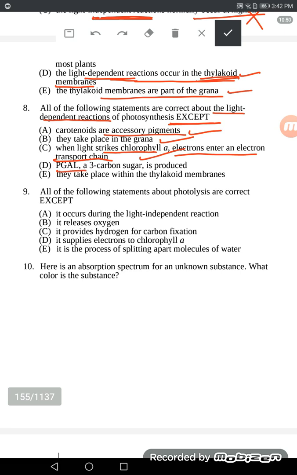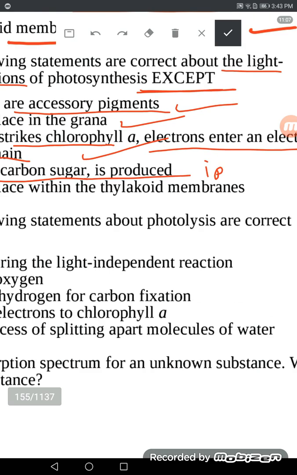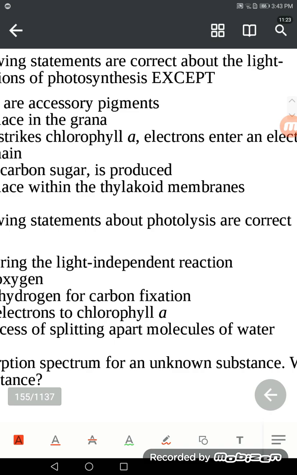PGAL, as I explained in the first question in this video, is a 3-carbon sugar. We said that the sugar is produced during the light-independent reaction. Okay, light-independent reaction.